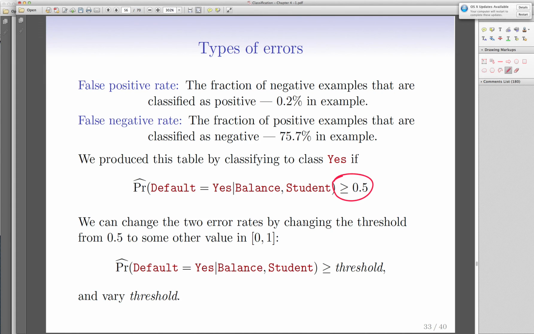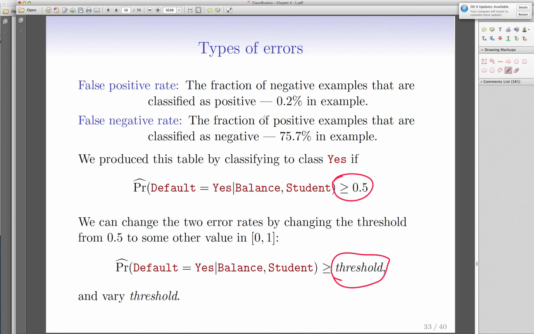So the extreme case will be that we set this to 0. If we set this to 0, then you will put everyone in default case. So you predict all defaulters correctly, but no defaulters will also be a victim of your very strict policy. So we can change this threshold to see whether to change the misclassification error.